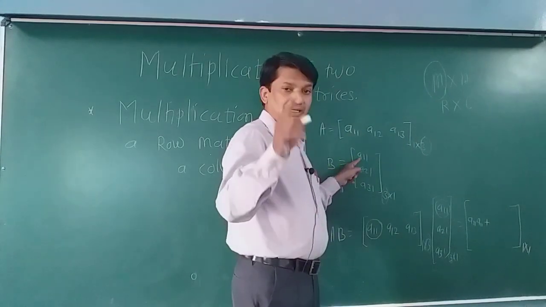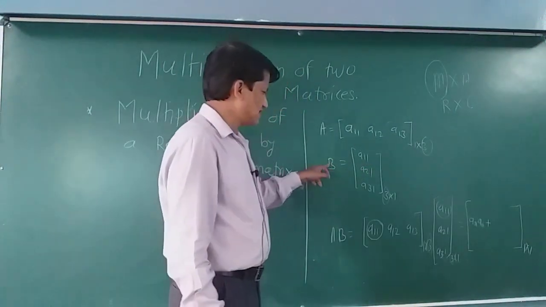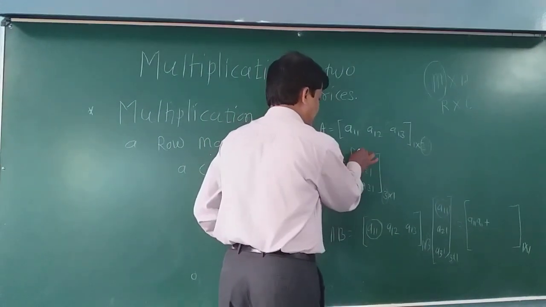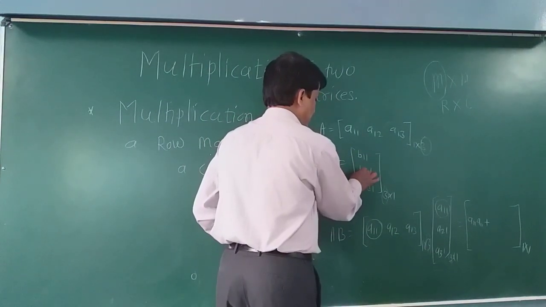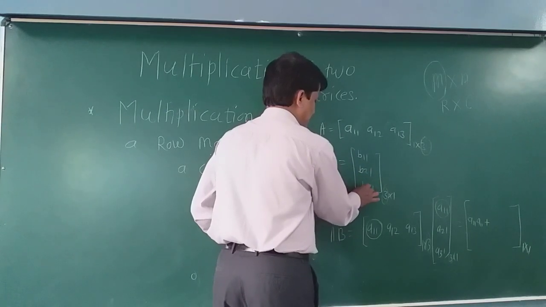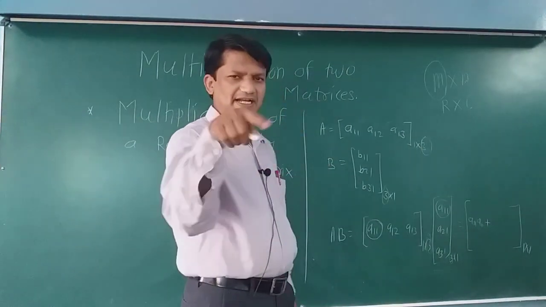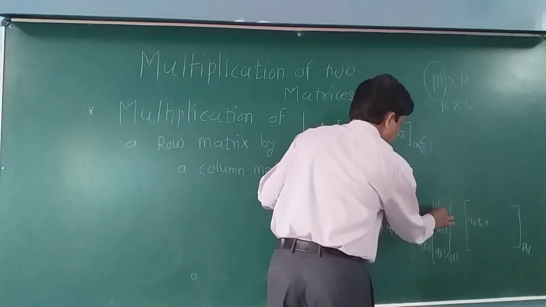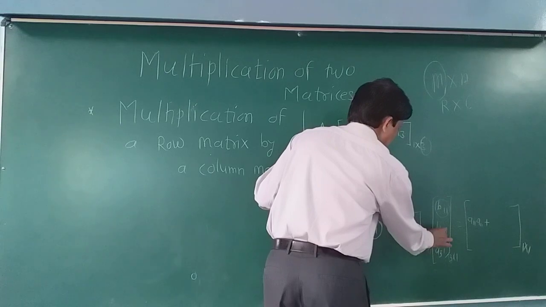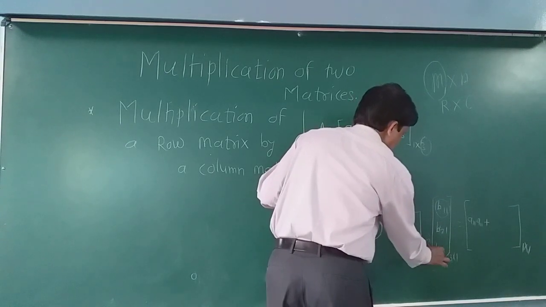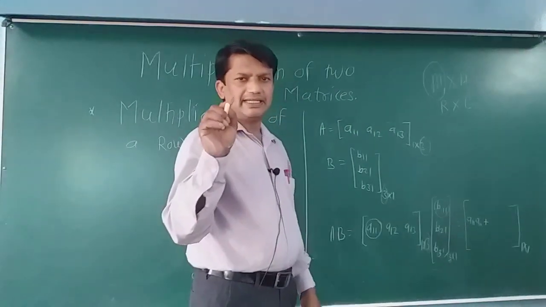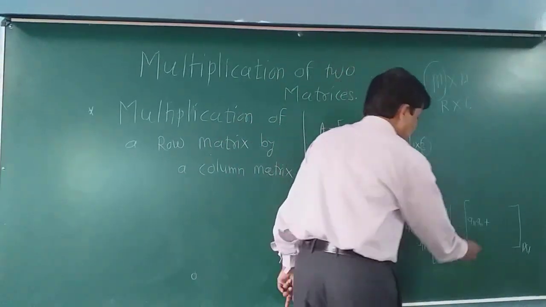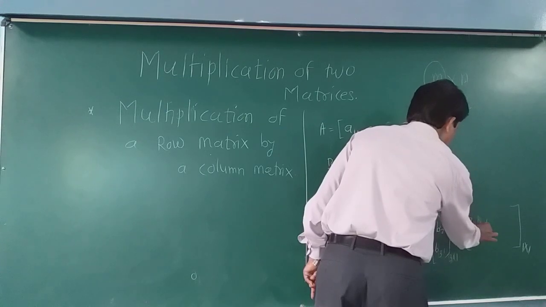Instead of A11 in the column matrix we can use another variable, B11, B21, B31. Use the same but a different letter B. So here will be again B11, here B21, here B31. So multiplication is very easy to understand.